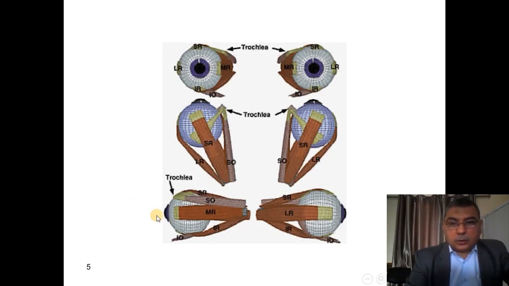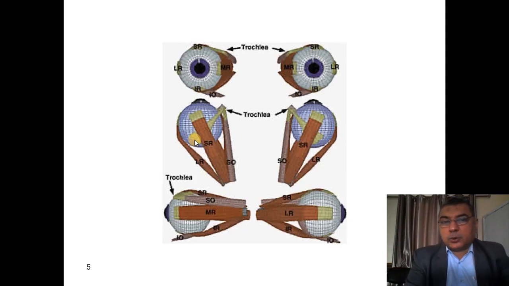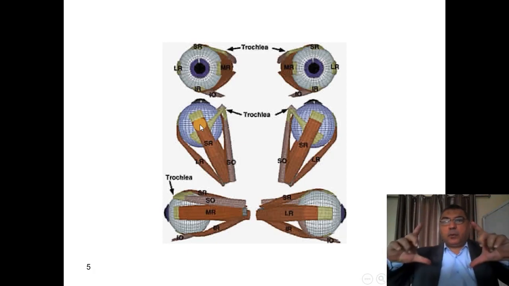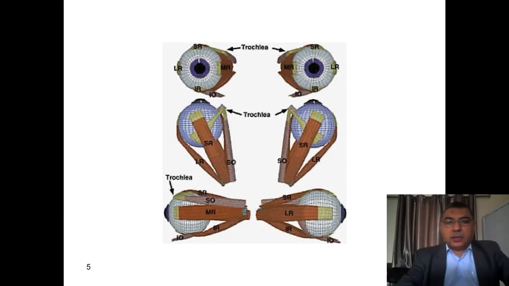So the tendon of the muscle will pass in the trochlea, and it will be reflected posteriorly and outwards in the upper outer quadrant of the globe. The oblique is inserted behind the equator of the globe. The equator is the area of the widest circumference of the globe.